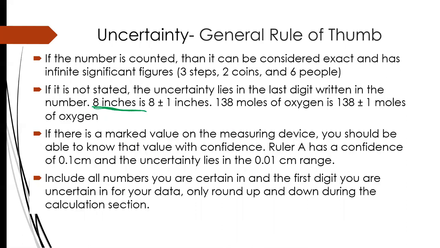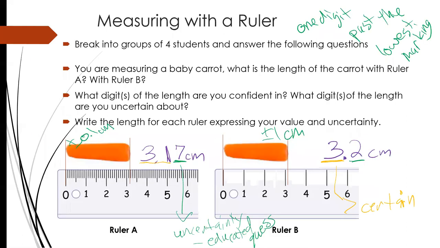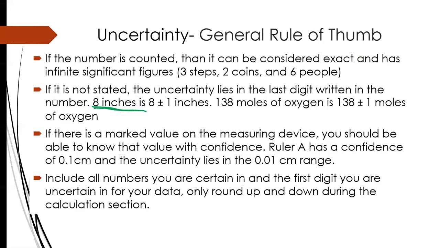When we look at 138 moles, then it's saying that we know the 130 part, but the 8 in there has a little bit of questionable parts. So ruler A, we are certain to that 0.1 range, but our uncertainty is in that 0.01 centimeter range, so where the 7 is. And so when we're recording those down, that's what we want to be including.